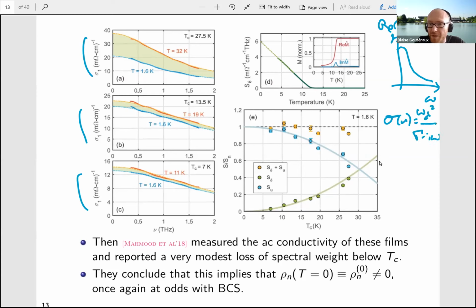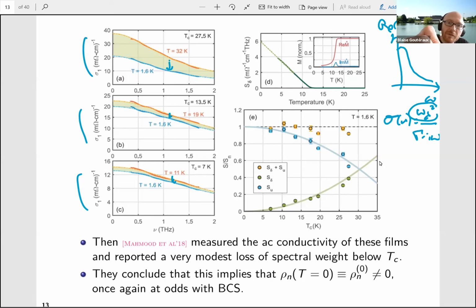This would be your Drude peak. And this Drude frequency squared tells you about the spectral weight inside the peak, and is proportional to the normal density of charge carriers. So the fact that there's very little, you can see that here, as you go below Tc, is clearly not being exponentially gapped out.